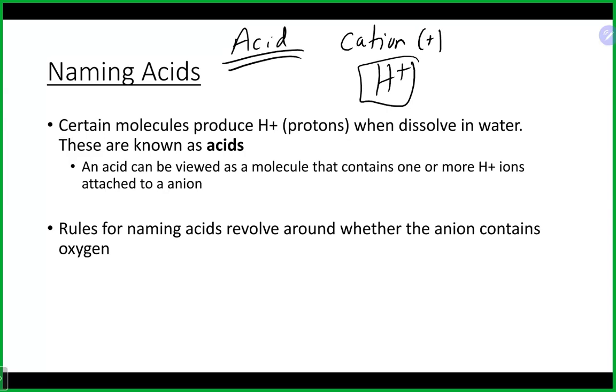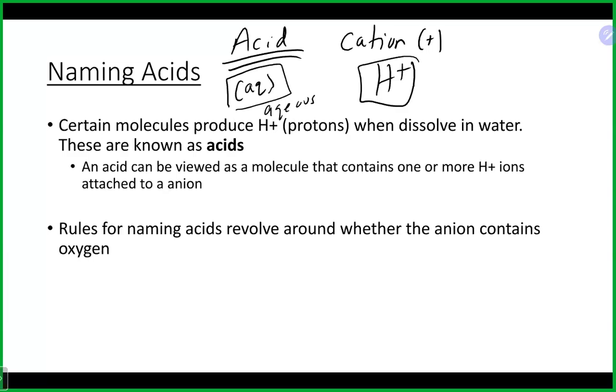Because acids are in solution, you typically will see the aqueous symbol next to it. So you typically will see acids written with the aqueous (aq) symbol, which basically means a water environment. Basically, you have a solution.